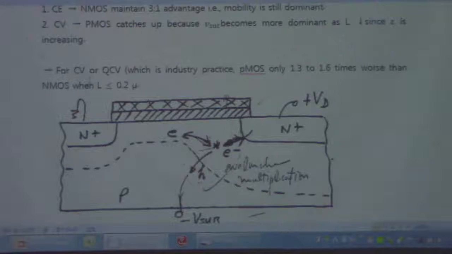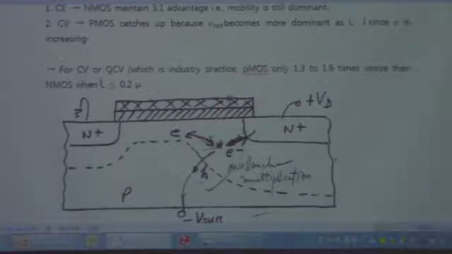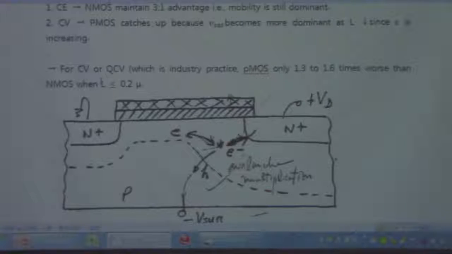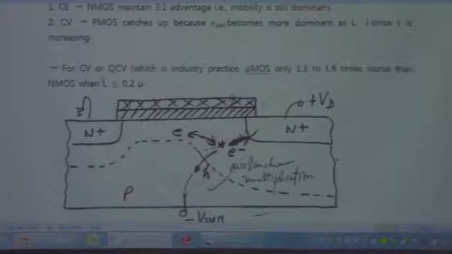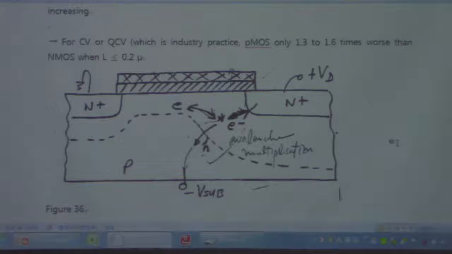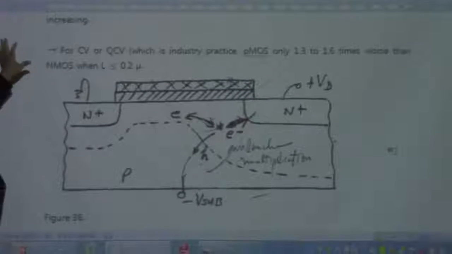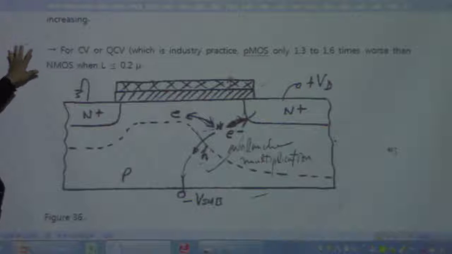So for constant voltage or quasi-constant voltage, which is the industrial practice, PMOS is only 1.3 to 1.6 times worse than the NMOS when the length becomes less than 0.2 microns. Okay? And this is just the discussion in terms of the mobilities of electrons and holes.